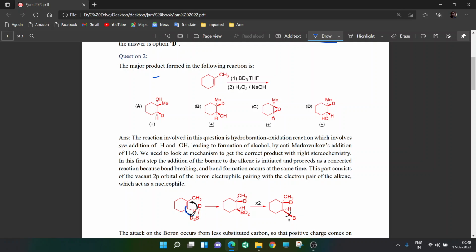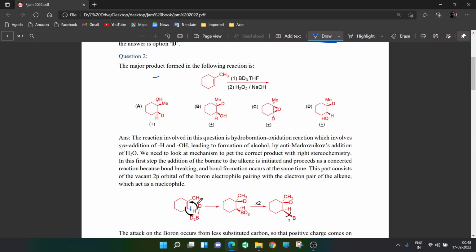Because once it attacks from this side, you get carbocationic character on this carbon, which is a tertiary carbocation. Had boron attacked from this side, you would have got positive charge on this carbon, which would have been a secondary carbocation. And we all clearly know that a tertiary carbocation is much more stable than a secondary carbocation, and therefore boron attacks from this side and deuterium attacks from this side.